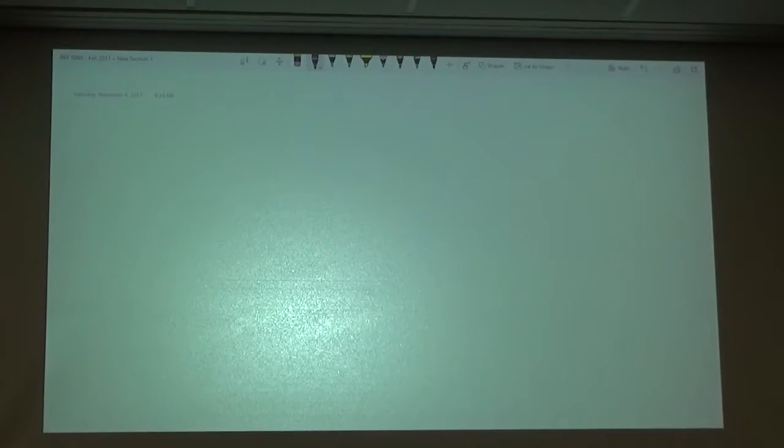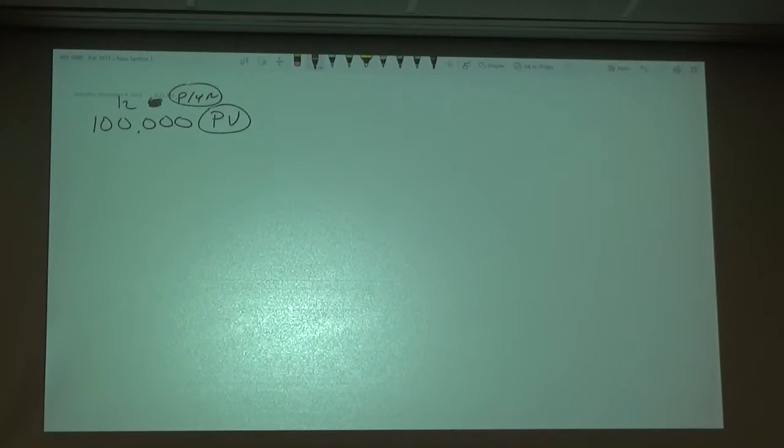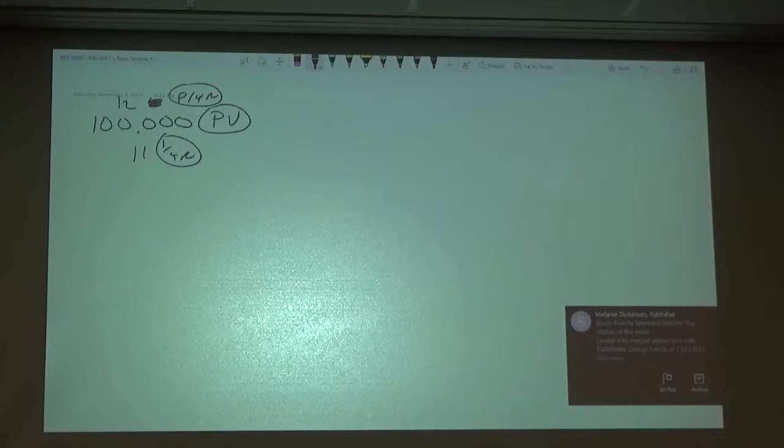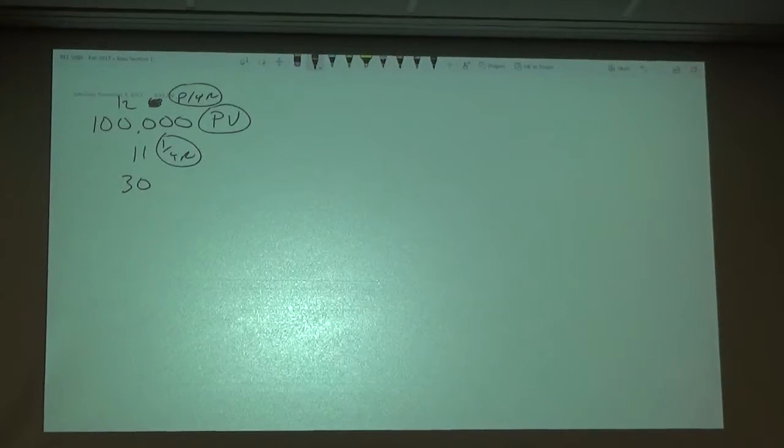So let's give you an example. A normal loan, once again, a $100,000 loan amount with monthly amortization, so 12 payments per year. Give me an interest rate. 11%. Give me a term. 30. Okay, the first thing we're going to do is calculate what the normal payment needs to be.